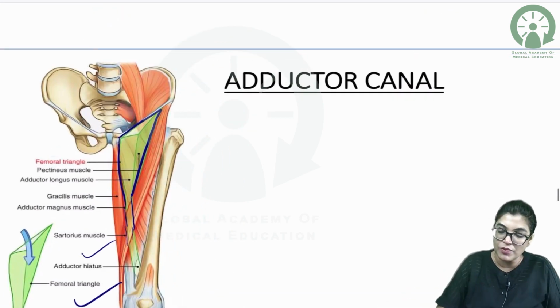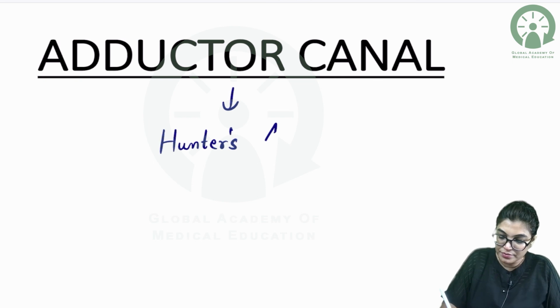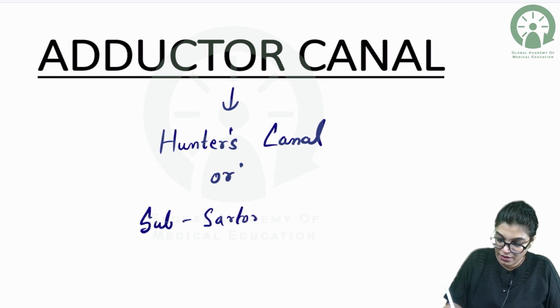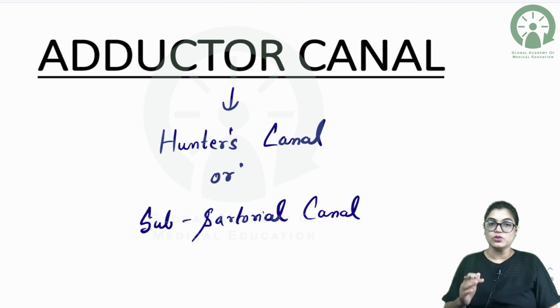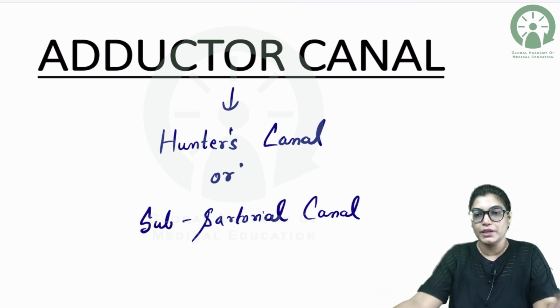The other name of adductor canal is Hunter's canal, or it is also called subsartorial canal. It is important for us to know why it is called Hunter's canal and why it is called subsartorial canal.